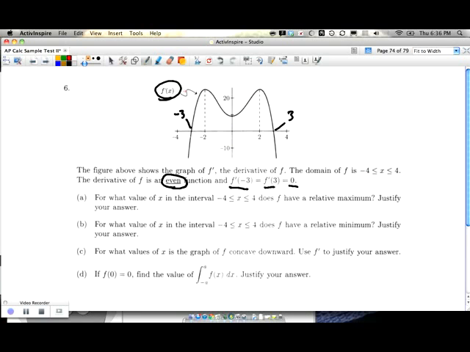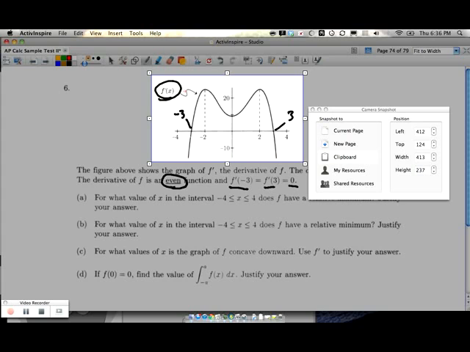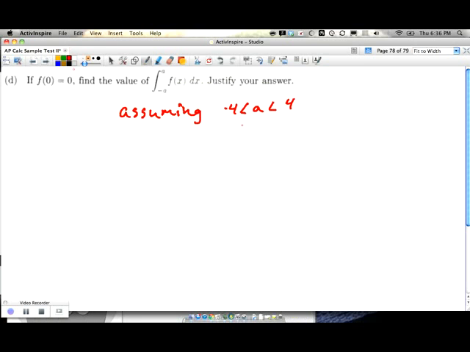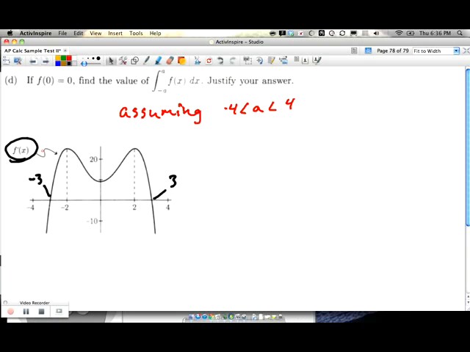Okay. If f of 0 equals 0, that means that this area here, this negative area plus this positive area, in other words, our initial value, equals 0.